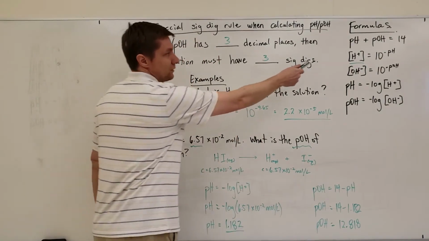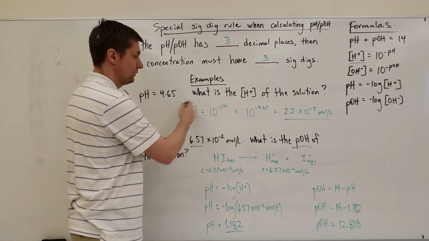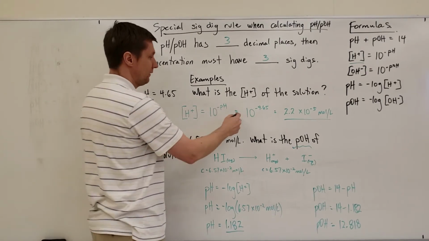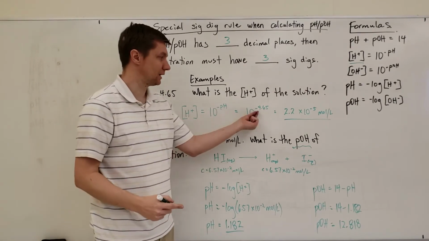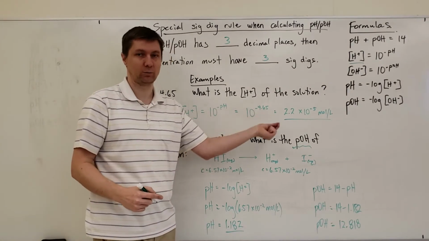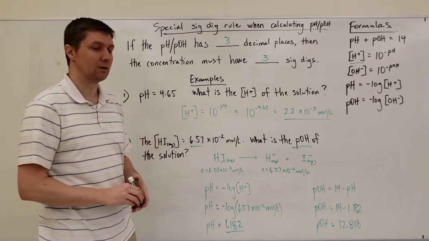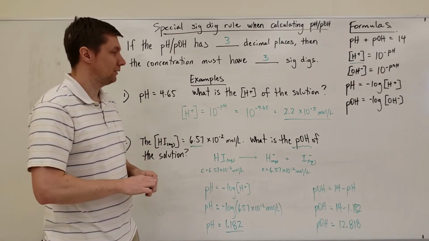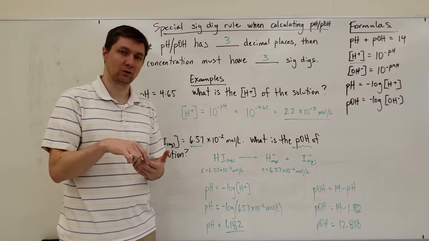This is the concentration of H plus is equal to 10 to the negative pH. You can see I've written that here, and then I've plugged in what my pH is, 4.65, but remember that it's got to be 10 to the negative 4.65. Then I just plug that into my calculator. Make sure that you use the second function in your calculator and then hit the log button.